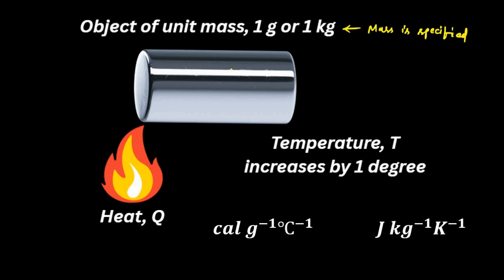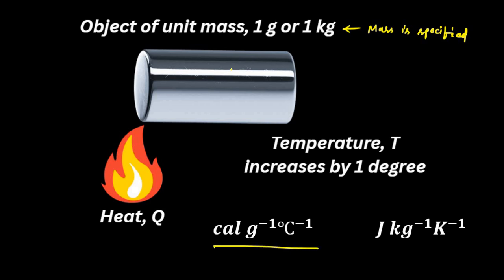We take 1 gram of the substance or 1 kg of the substance, because these are the accepted units, SI and CGS. So per 1 gram, how many calories of energy are required to increase the temperature by 1 degree Celsius? That is the specific heat in CGS.